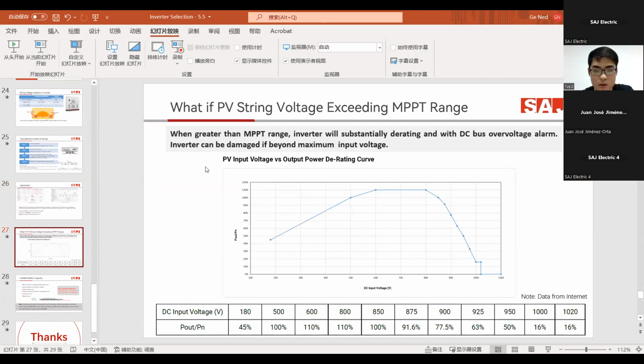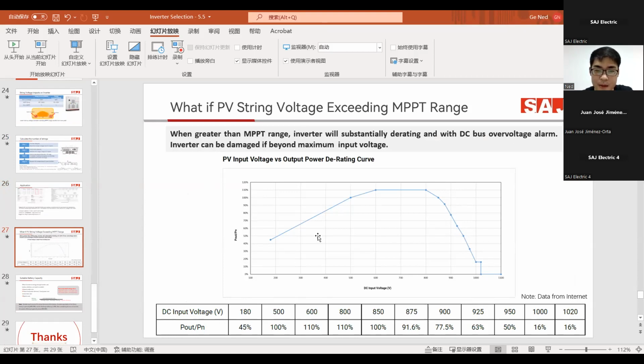Then I would like to introduce how the string voltage will impact the inverter's working. When the voltage is greater than the MPPT range, you can see here that there will be a sharp decrease in the inverter's output.